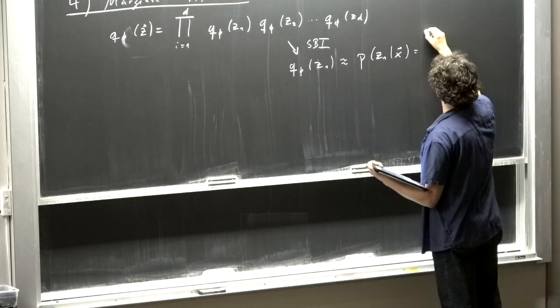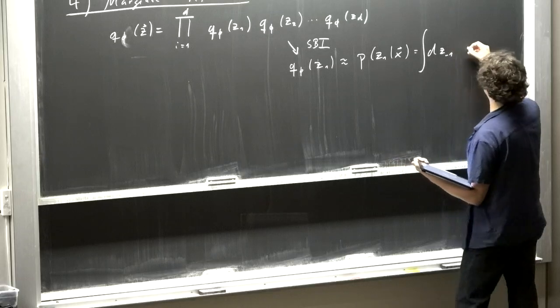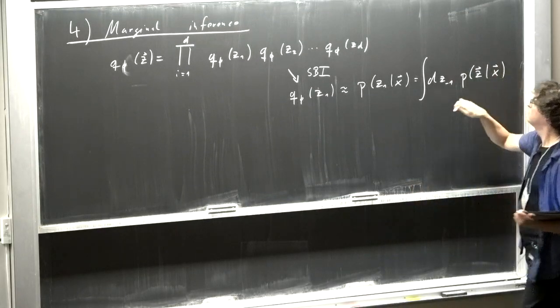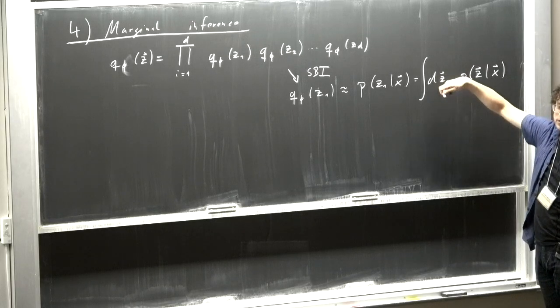Let me remind you that marginal posterior means, and I'm writing this now, that this is formally given by the full joint posterior, but integrated over all parameters except, in this case, the first one. So the -1 means it's all parameters except the first.